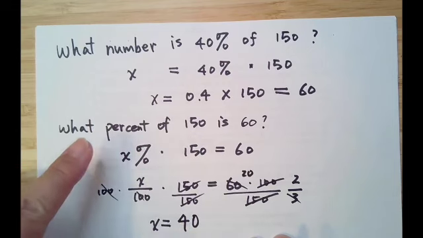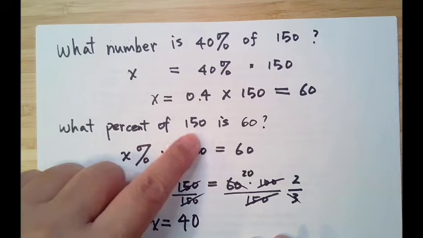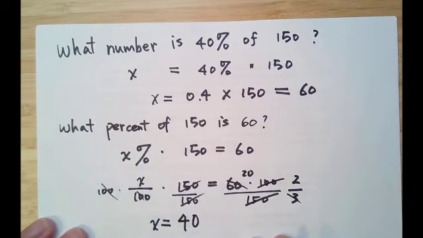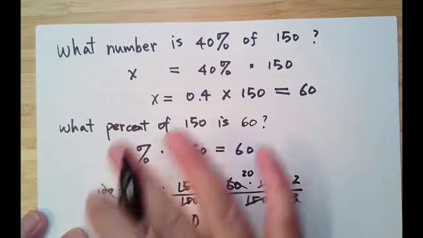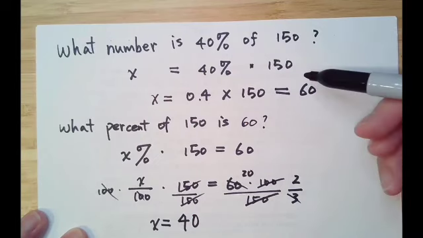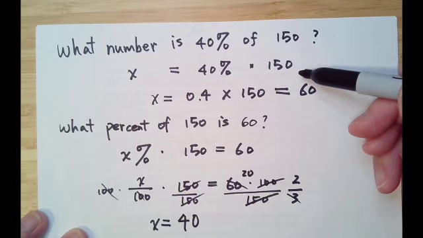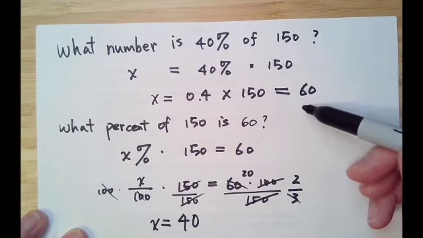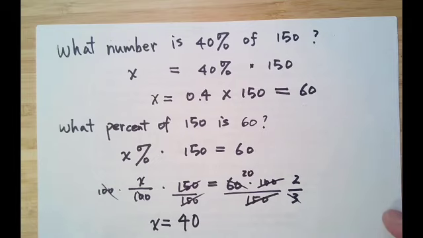The answer is 40% of 150 is 60. You see this? Okay, so this is how you translate the percentage question into a math equation. That's a linear equation, and then you go ahead and solve it and answer the question. Okay, so that's the percent question.